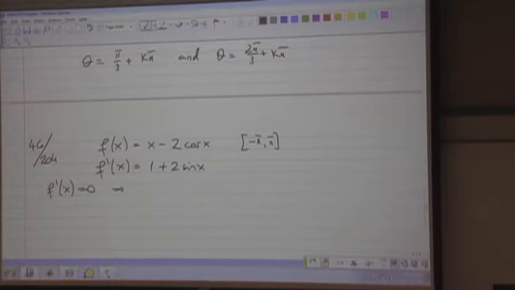Actually, okay, so f prime of x is equal to 0 means 1 plus 2 sine of x is equal to 0, which means sine of x is negative 1/2.